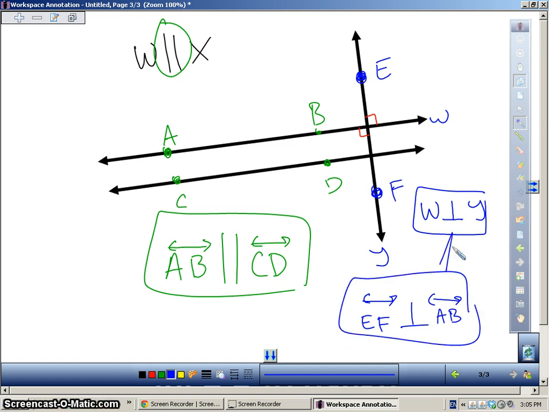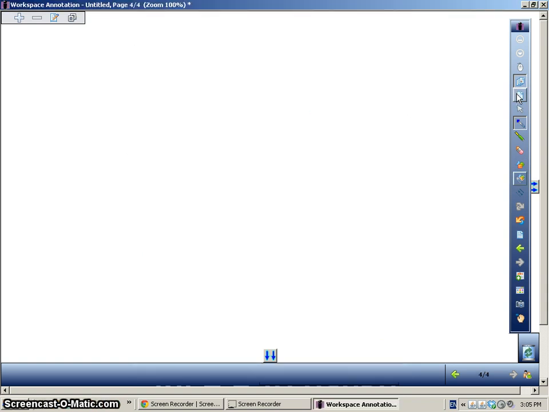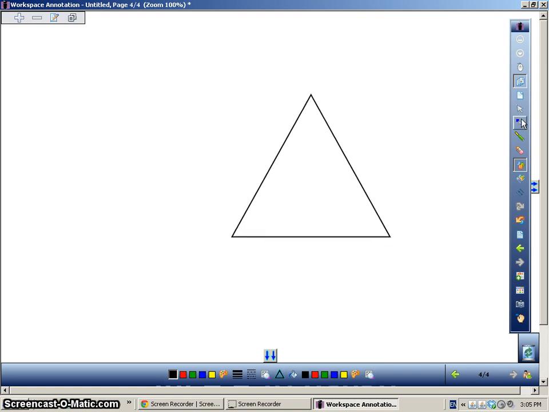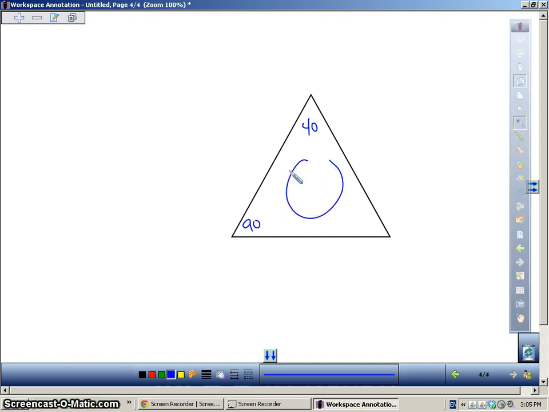Alright, next thing, we talked about triangles, and if we have a triangle that we know a couple of the pieces to, so let's say that this is 90 and this is 40, we know that the interior of a triangle, all the angles added together are 180.